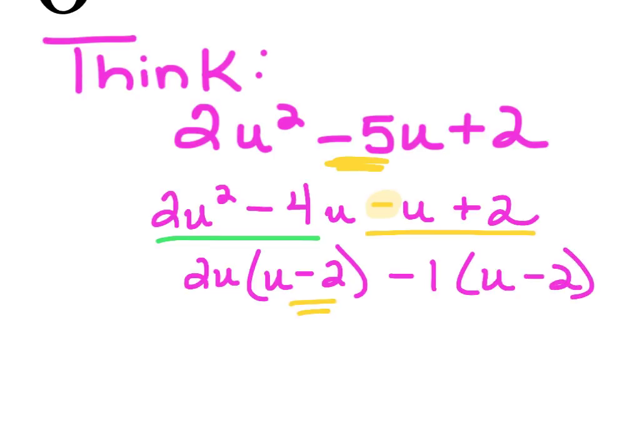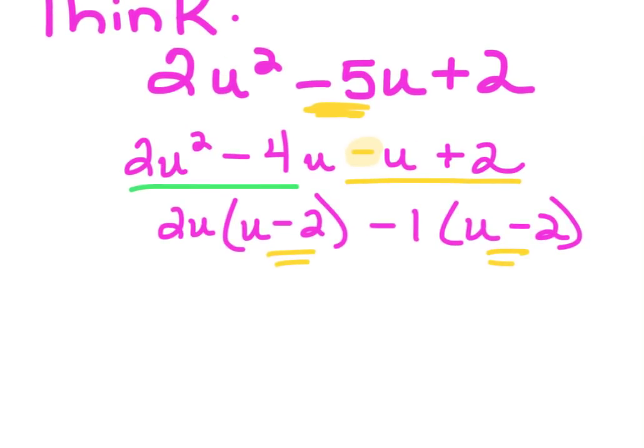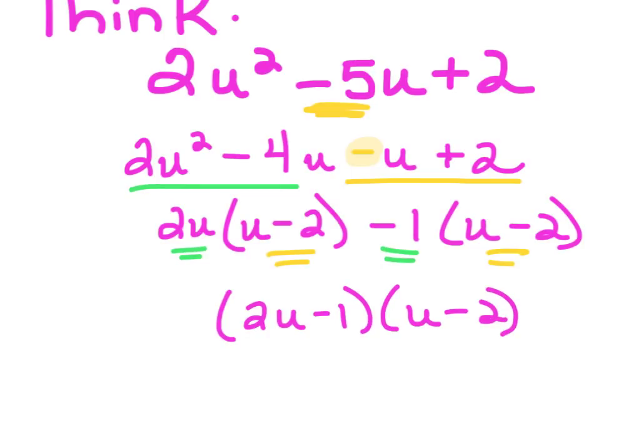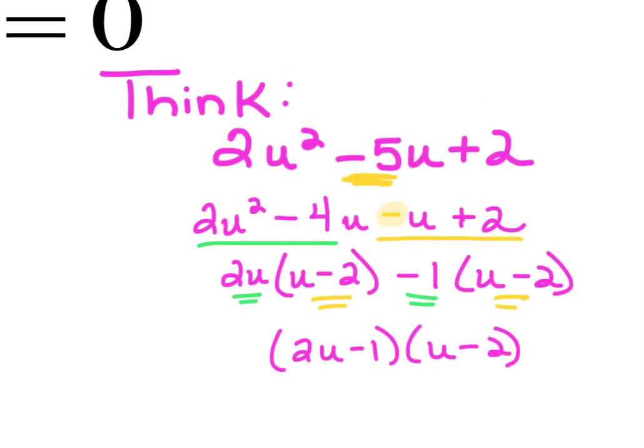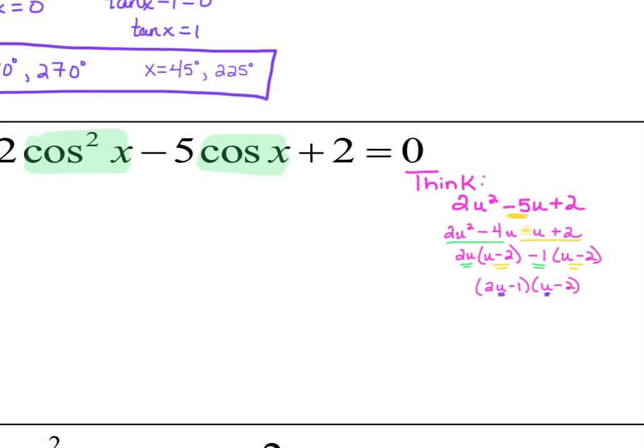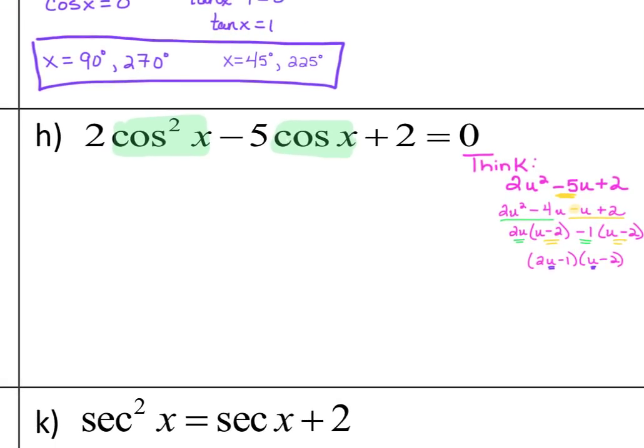And remember also that what you get inside the parentheses should be the exact same thing in both times you've taken the GCF. And then for your answer, 2u and the minus 1 are your other binomials. So you get 2u minus 1 times u minus 2. So then go back to the original problem, replace the u's with the cosines that you had in the original problem. So when I factor this function right here, I get 2 times cosine minus 1 times cosine minus 2.